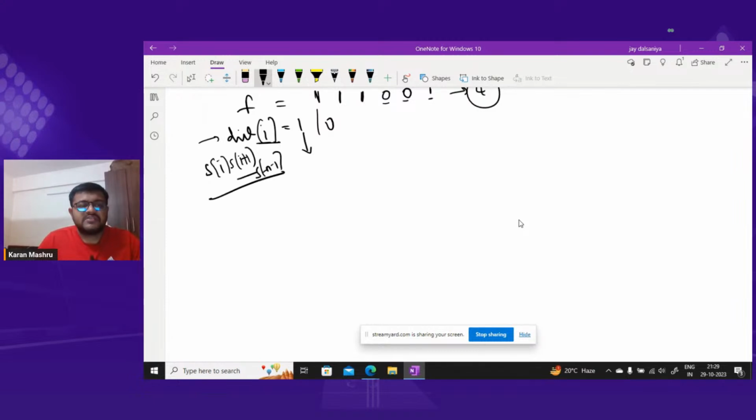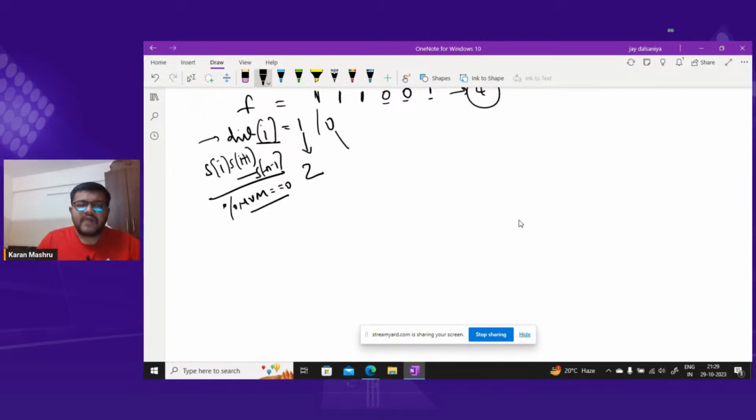If this suffix string in its decimal representation is divisible by num, so modulo num is 0, then I will say division of i is 1. So that suffix is divisible by num, so at the ith index I have two choices, either to make it 1 or to keep it 0.